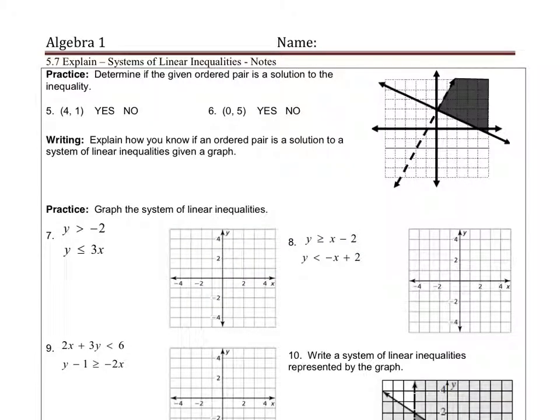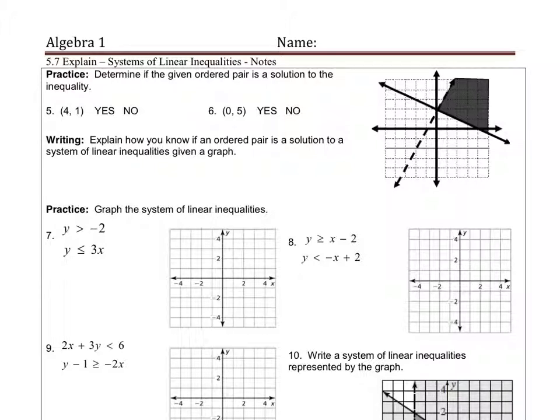Okay, so now they've given us a point, and they want us to determine if this point is part of the solution. The graph they've given us is just showing the solution, the double shaded part. So what we're going to do is graph the point they gave us, (4, 1).